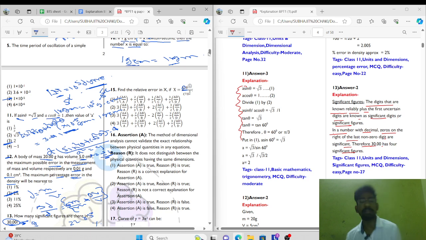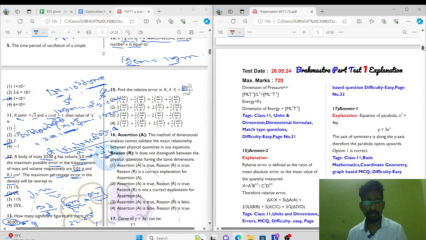All the errors should be added, not subtracted, right? So the answer is option number 2: 3 del A by A, 2 by 3 del B by B, 2 del C by C, 3 by 2 del D by D, right? Understood? This is a very simple numerical.